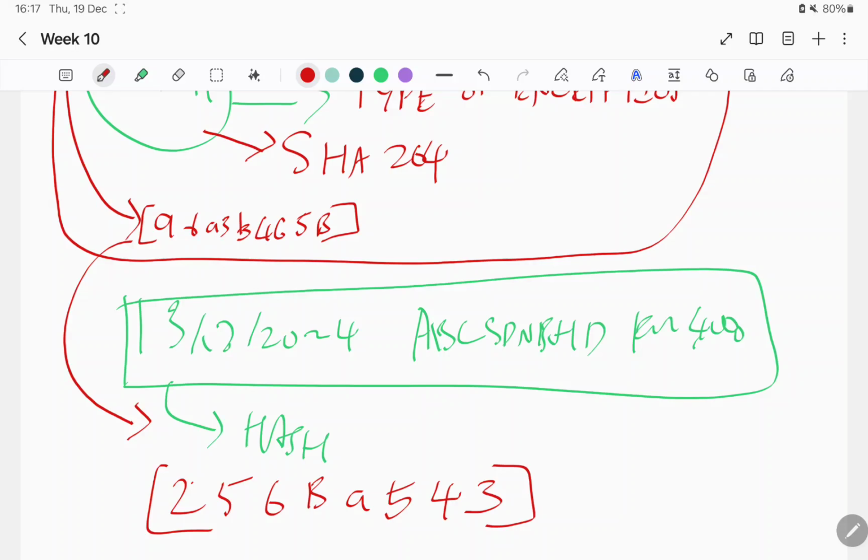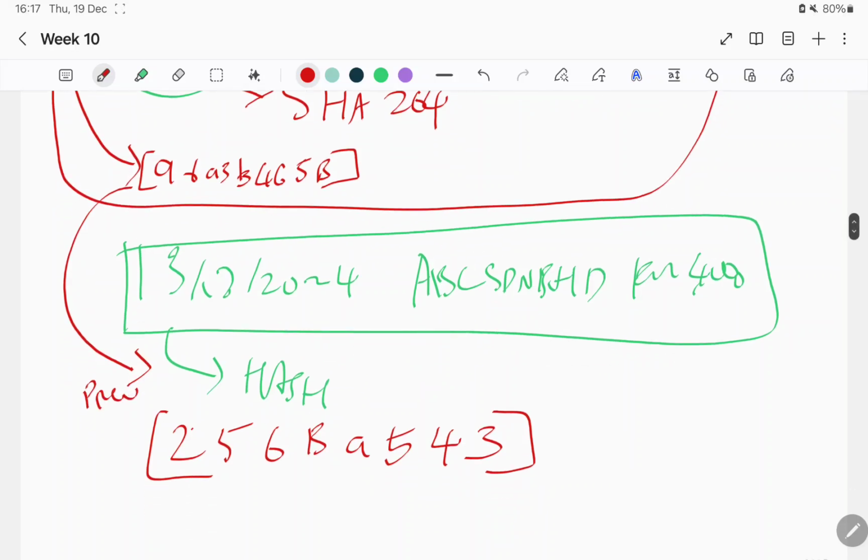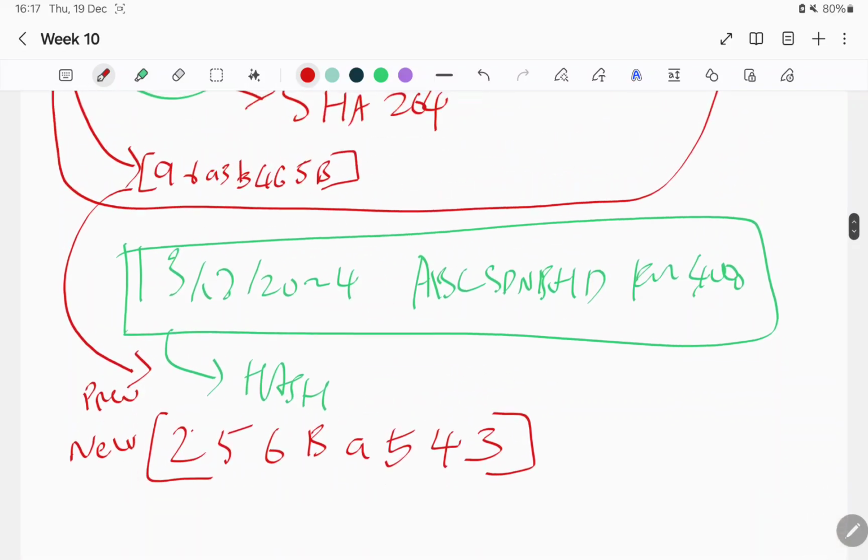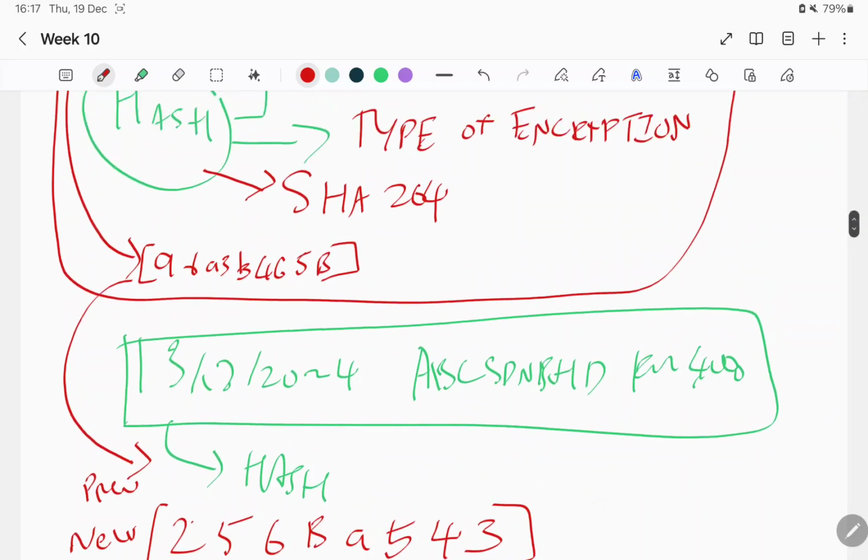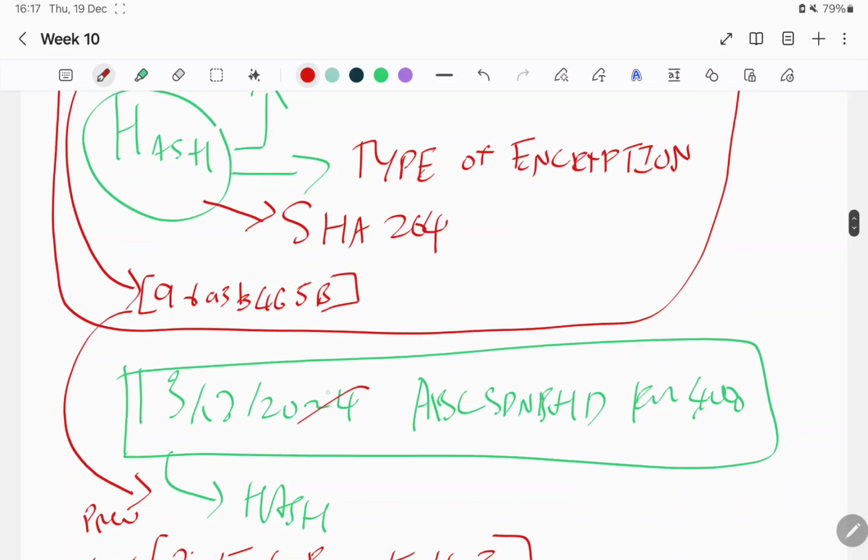There will be a previous block and then the new one, and it will go on continuously until infinite.